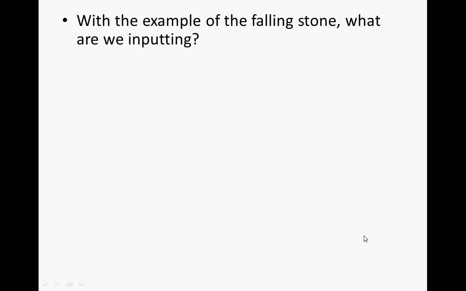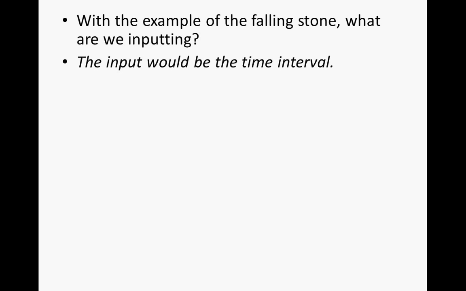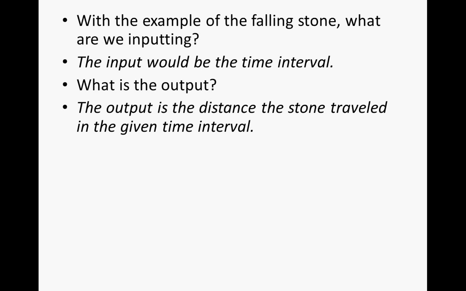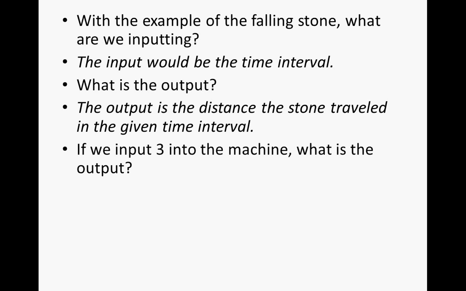With the example of the falling stone, what are we inputting? Well, the input would be the time interval. And what is the output? The output is the distance the stone traveled in the given time interval. So if we input 3 into the machine, what is the output? The output is 144.